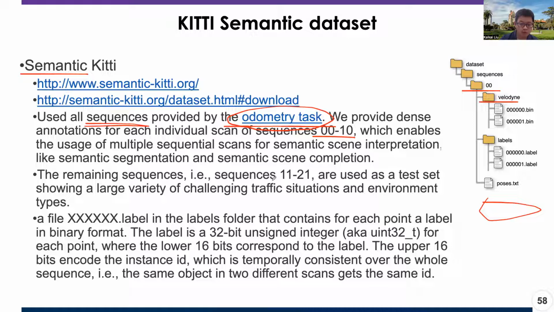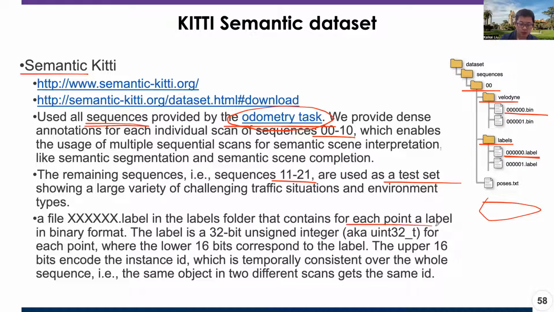And the remaining sequences, 11 to 21, can be used for testing, because these sequences don't have the annotation. And the annotation is in the format of ID.label. So the ID.bin file is the LiDAR file and relates to the ID.label file.